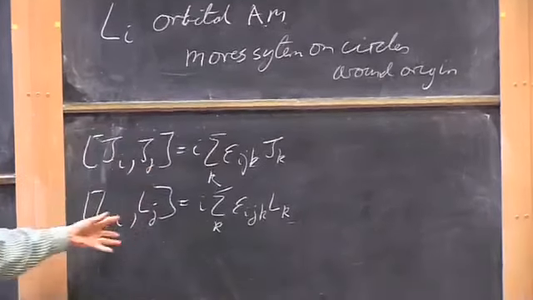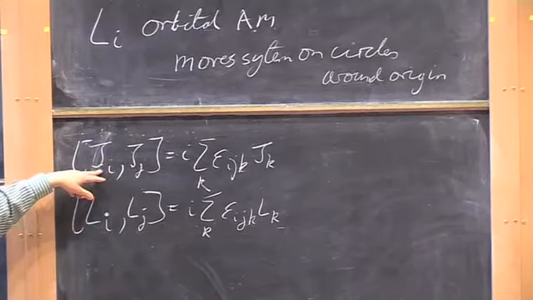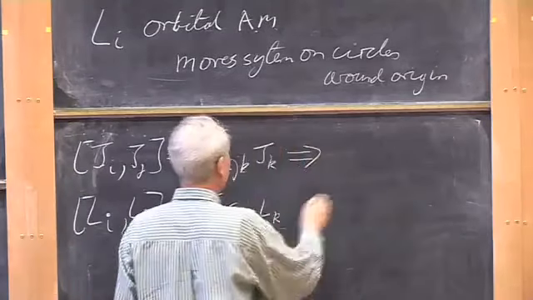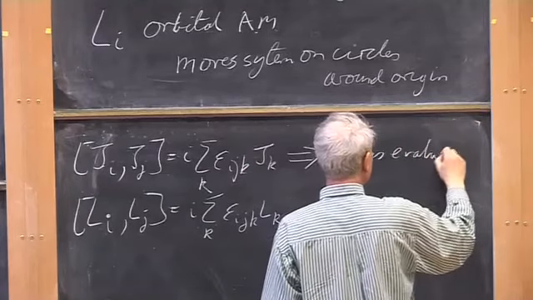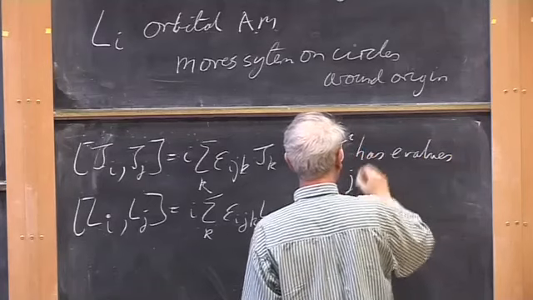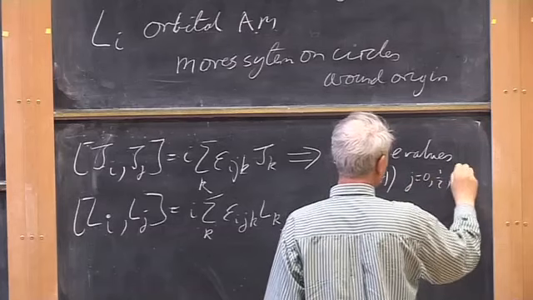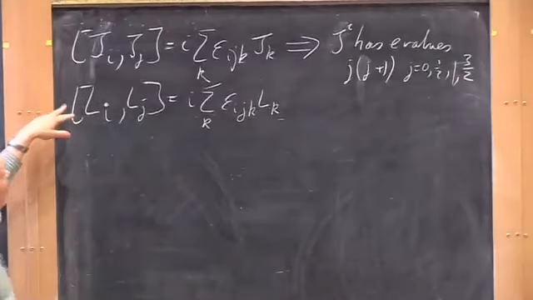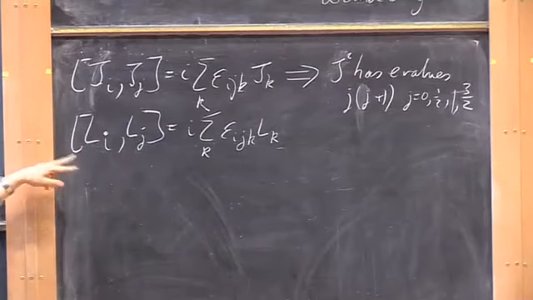They had the same commutation relations amongst themselves, these operators, which is why we could use the work we did demonstrating what the eigenvalues of these could be. Also, this implied that J squared has eigenvalues j(j plus 1), for j is nothing, a half, 1, 3/2, etc. From these commutation relations, we inferred that those are possible values for the eigenvalues of these operators.